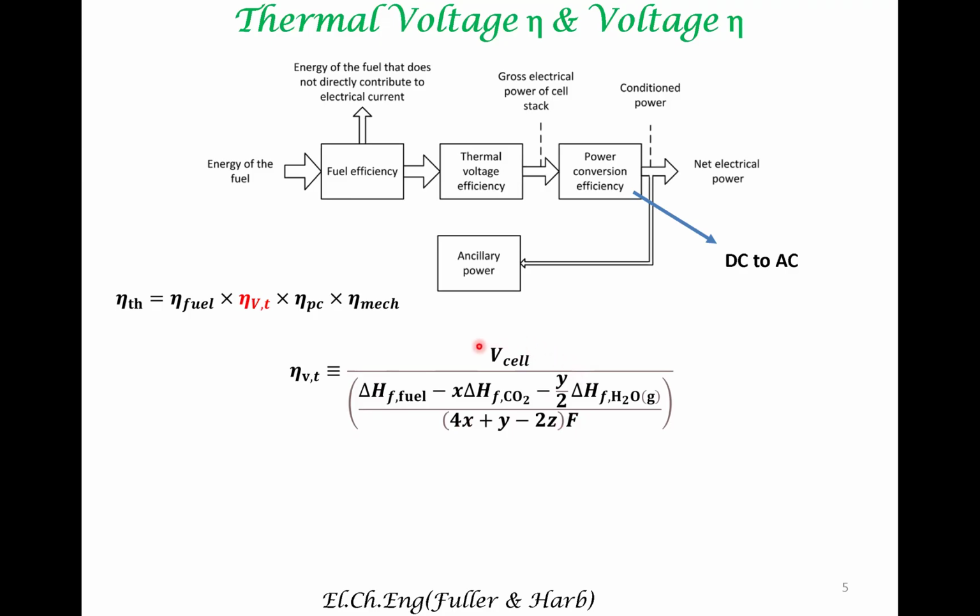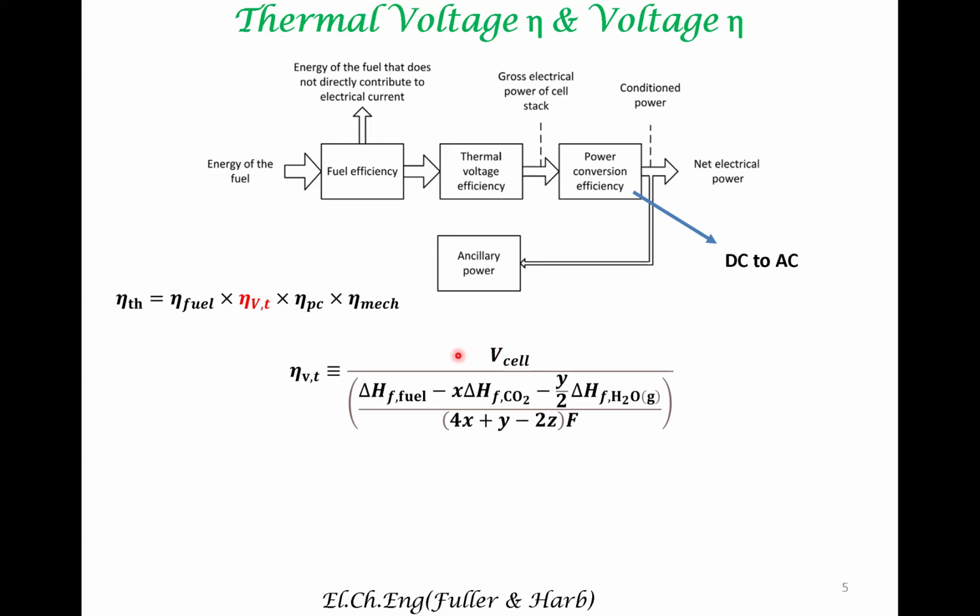This term, if you take it to the numerator, V times this quantity is a measure of electrical work in a way. So by combusting 1 mole of the fuel in a fuel cell, the amount of electrical work you would have obtained is the voltage of the cell times this quantity. This should be taken up here.